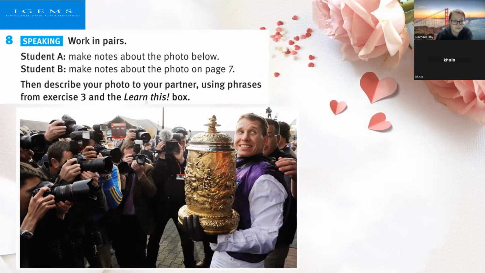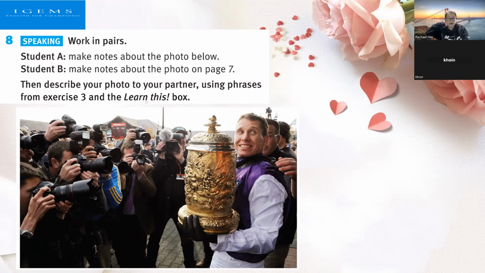I see a man holding some artifact before cameras. Okay, holding an artifact or something before some cameras.